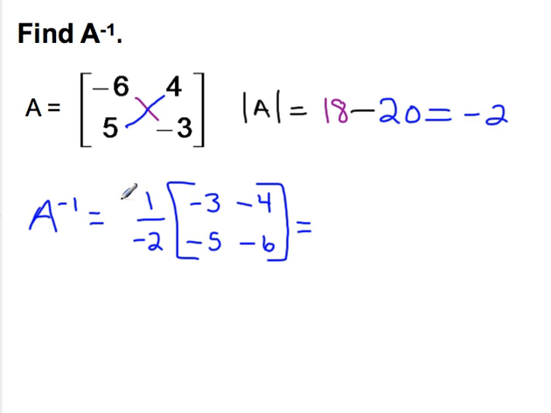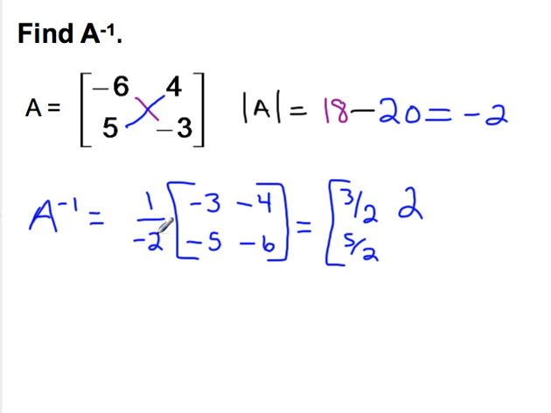Now, -1/2 has become my scalar. So this is a scalar multiplication from this point on. So the inverse of A is going to be -3 times -1/2, which is positive 3/2. -4 times -1/2 is positive 4/2, also known as 2. -5 times -1/2 is going to be positive 5/2.